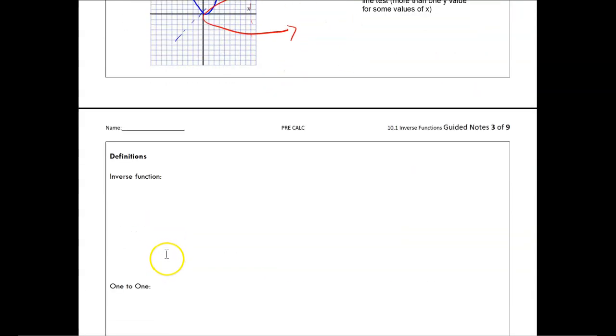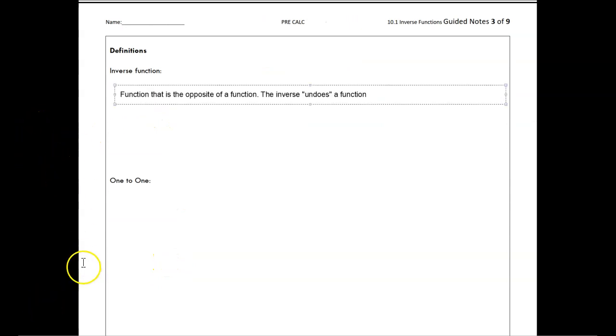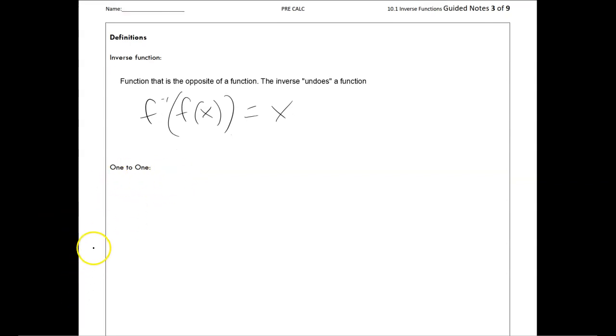Okay, I'm going to give you some definitions that we're going to investigate. The first is this idea of an inverse function undoing a function. Inverse function just means the opposite. That means f inverse of f of x is equal to x. So those kind of cancel each other out, right? And then this idea of one-to-one. A one-to-one function is something like our linear function.